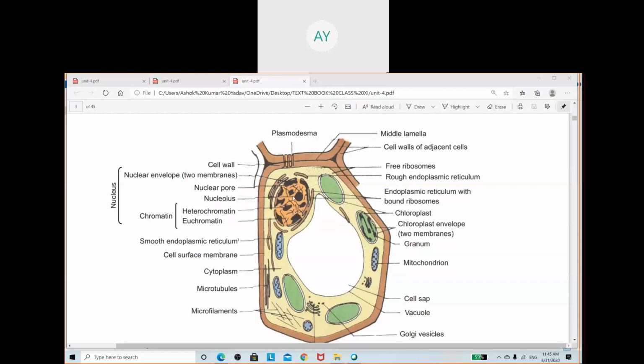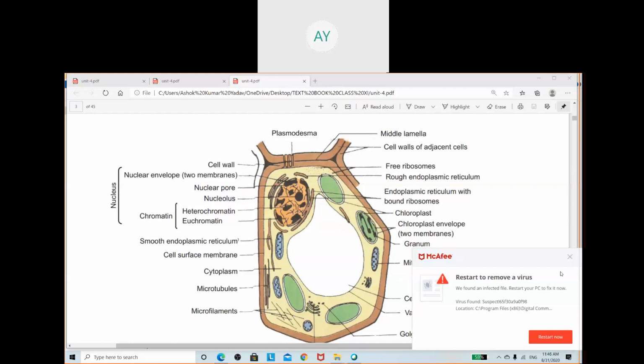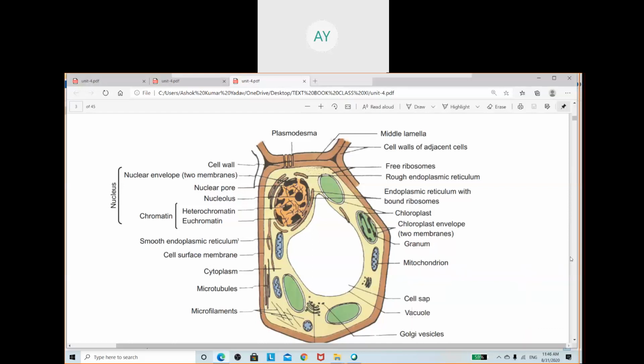This is a characteristic feature of different cells: in one cell there may be more than one nucleus, or maybe one nucleus. Generally you will find the nucleus present near the center of the cell, and it controls the whole cell structure and function.